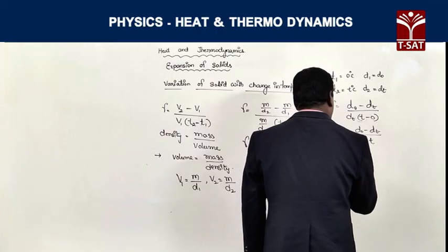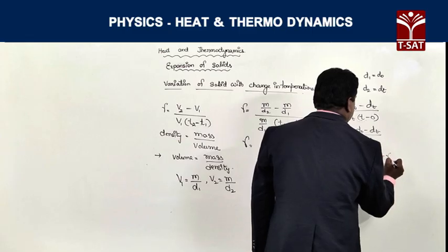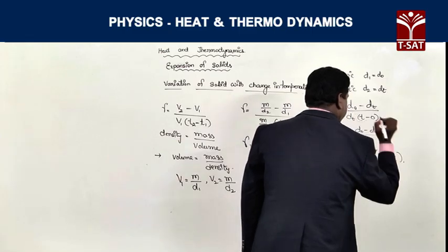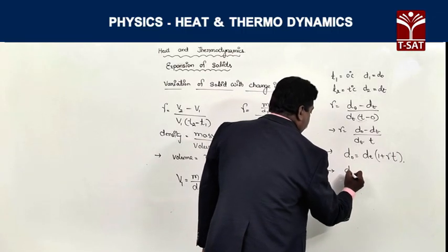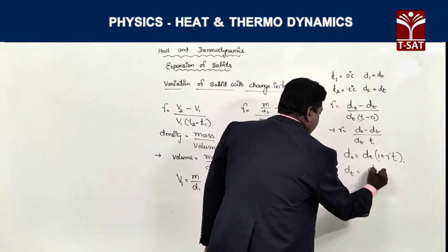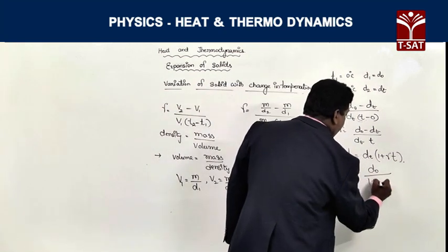Therefore, d0 equals dt into (1 plus gamma t), and dt is given as density at a given temperature, dt is given as d0 by (1 plus gamma t).